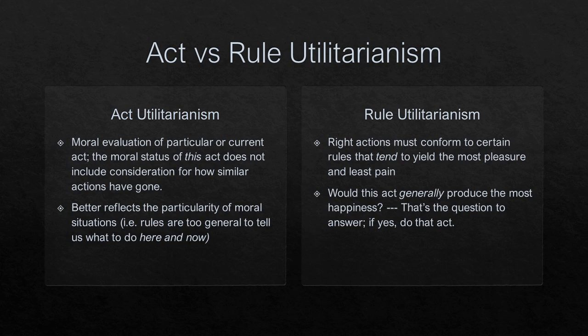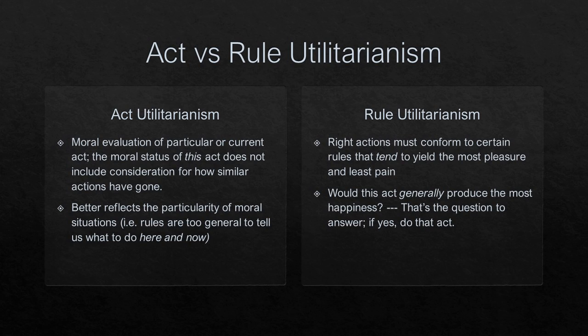And so, because it is generally the case that this type of action doesn't in fact produce more happiness, even though in this case of the trolley problem it would, it still isn't the right action to do simply because this action doesn't generally tend to promote more happiness.